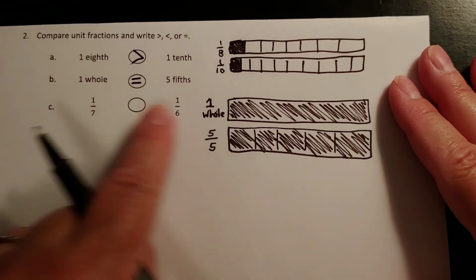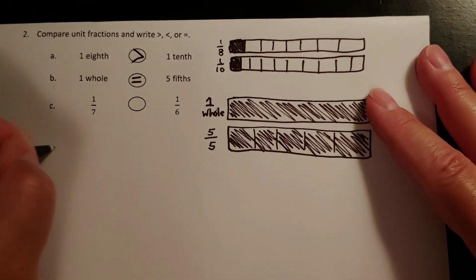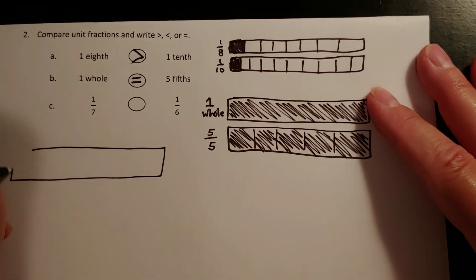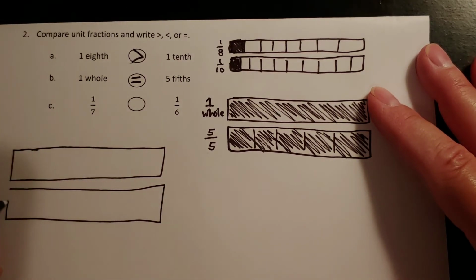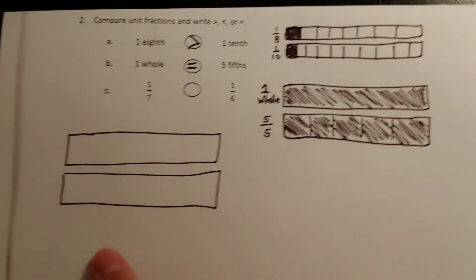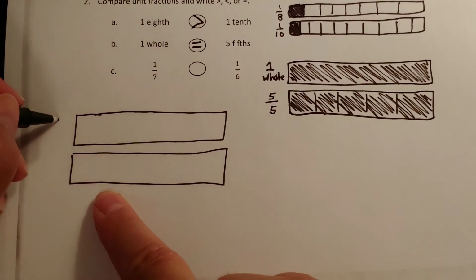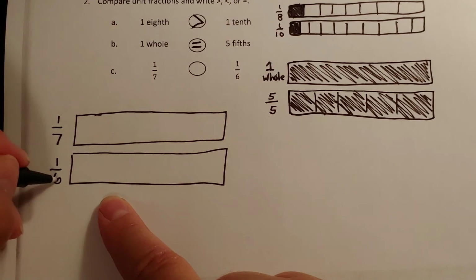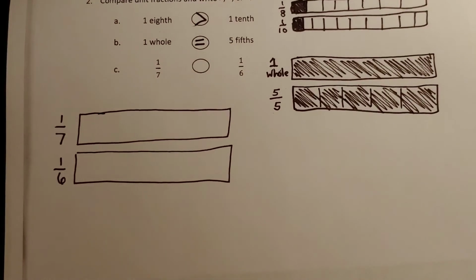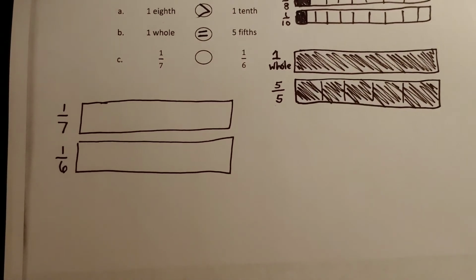All right, and the last one, I'm going to draw right in here. We have 1/7, and we're comparing it to 1/6. So I'm going to use those fraction bars. And remember, when you're drawing them, make sure they're equal in length. So I'm going to have this one be 1/7 and this one is 1/6. I wonder, do you think you guys know the answer without even drawing the pictures?